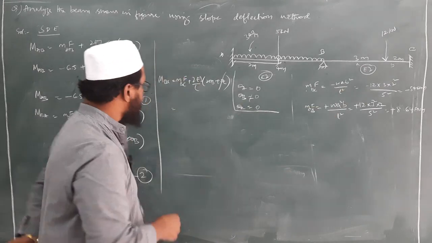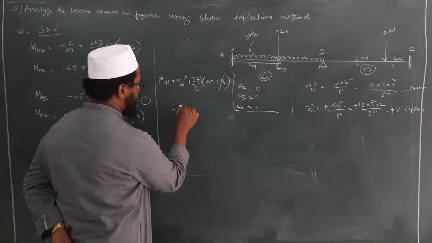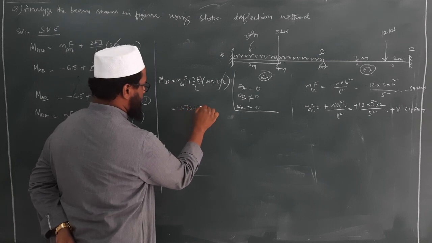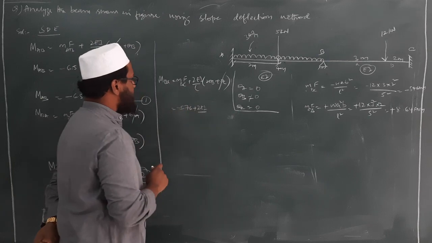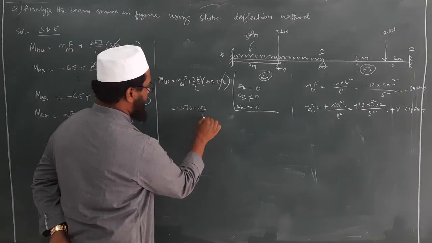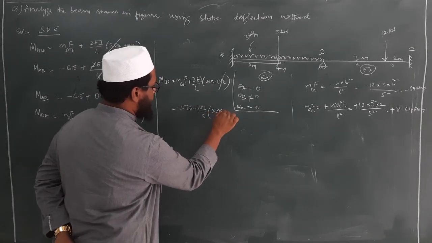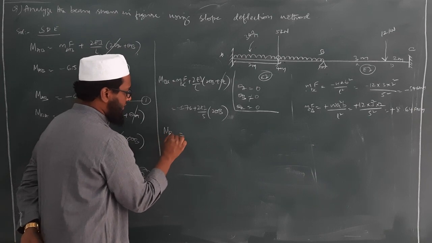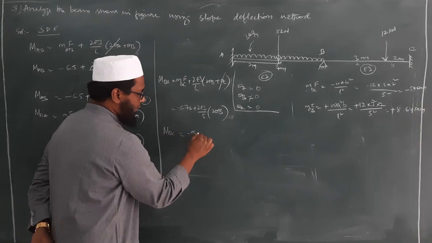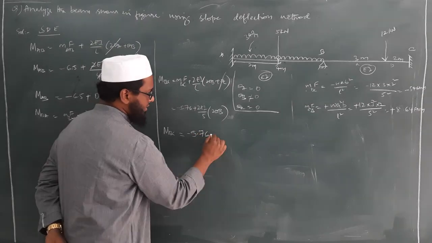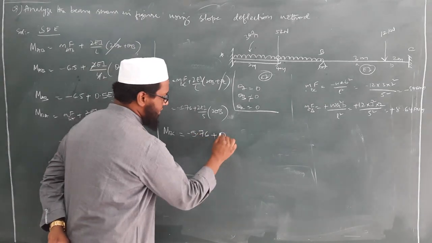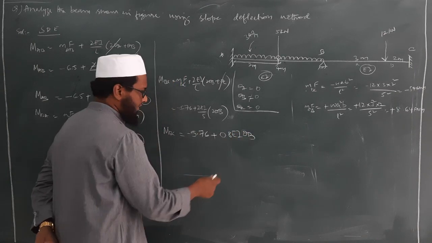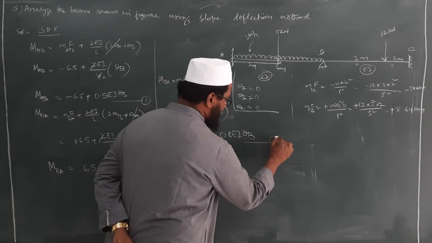Minus 5.76 plus 2EI by L. What is the span of BC? 5 into 2 theta B. Now what is the value here, you tell me? This is MBC, minus 5.76 plus 0.8 EI theta B. This is equation number 3.